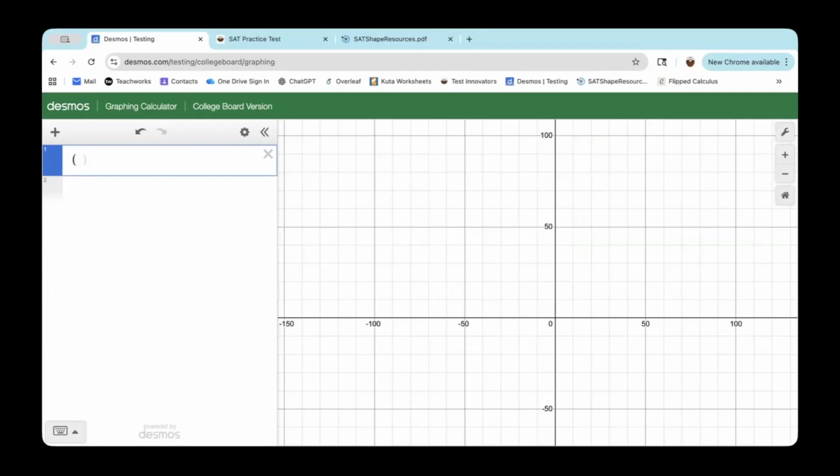So I'm going to put in that expression, which is 4x, but every x I'm going to make x1. So I'm just going to type x1 instead of x.